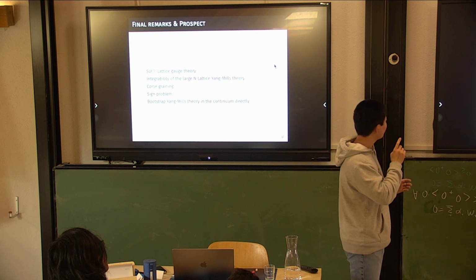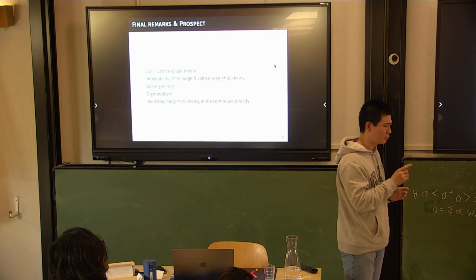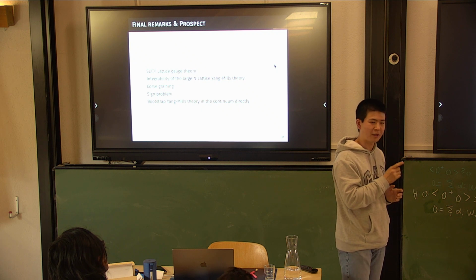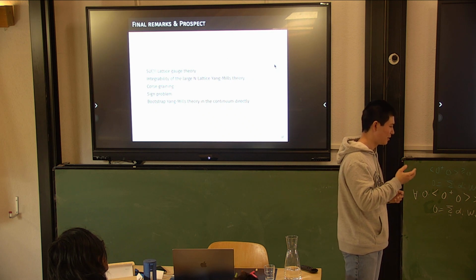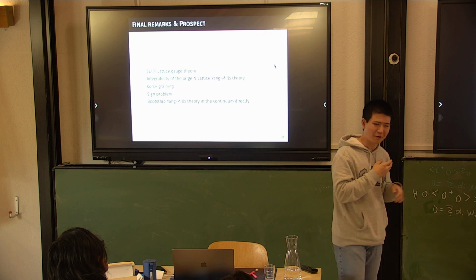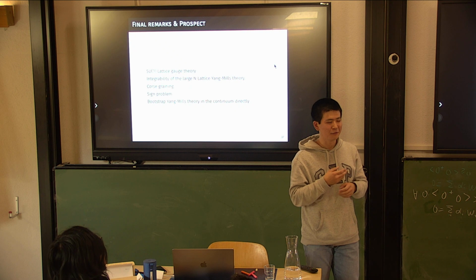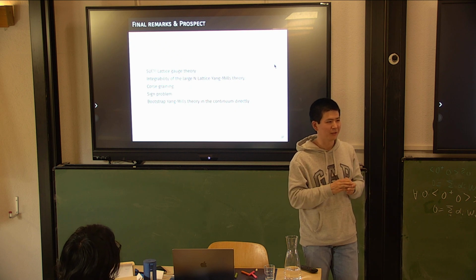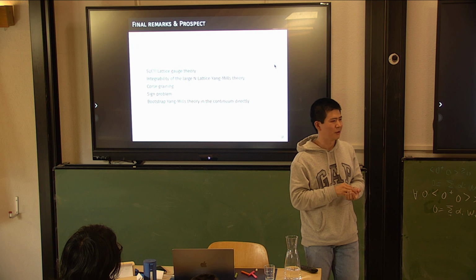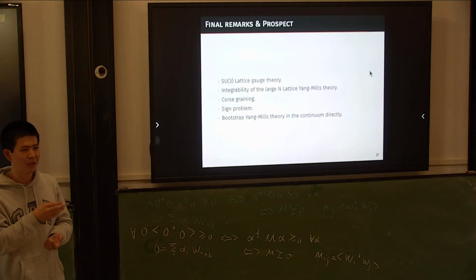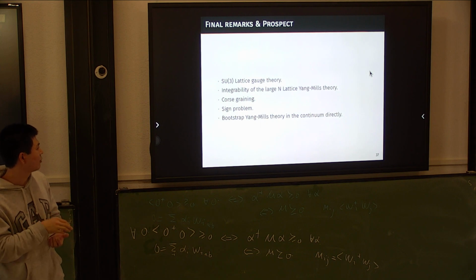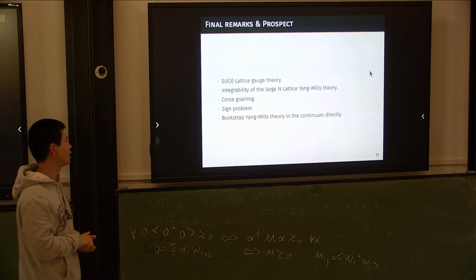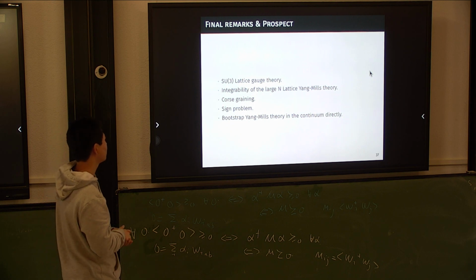But here we find that SU2 has much fewer free variables than SU infinity, which hints that SU2 is more solvable than SU infinity. But for SU2 lattice gauge theory in 3D and 4D, I think there is no evidence that it is a solvable theory, considering that the 3D Ising is not solvable. So for SU2, I don't think there is any evidence it is solvable. So this has some hint that large N Yang-Mills maybe is indeed not that integrable.